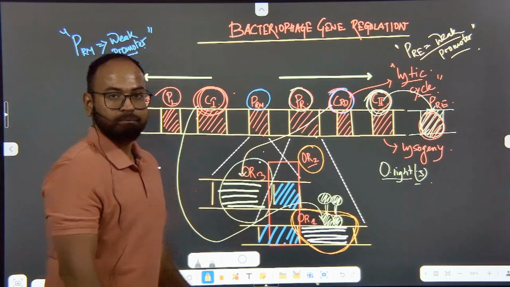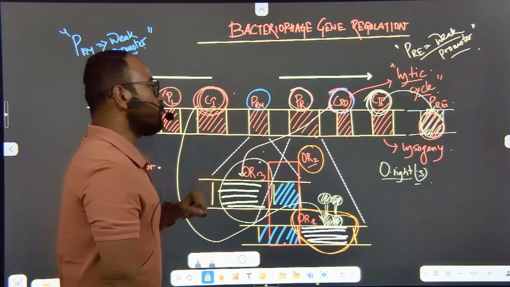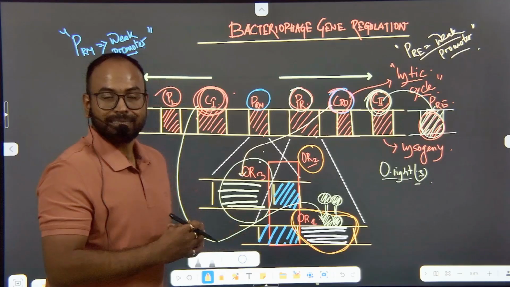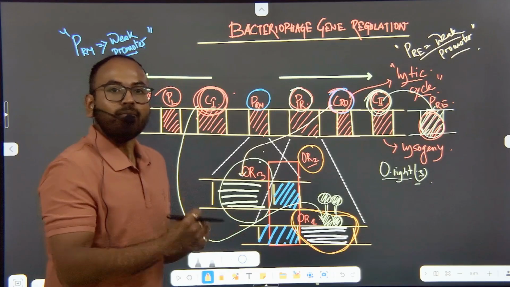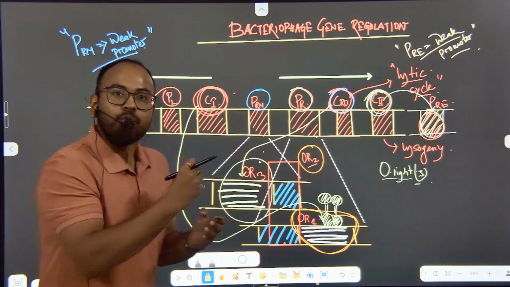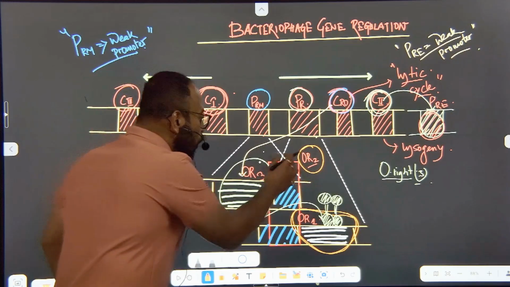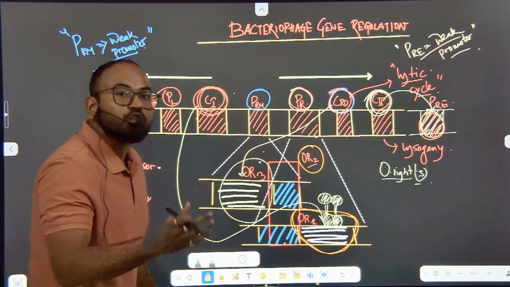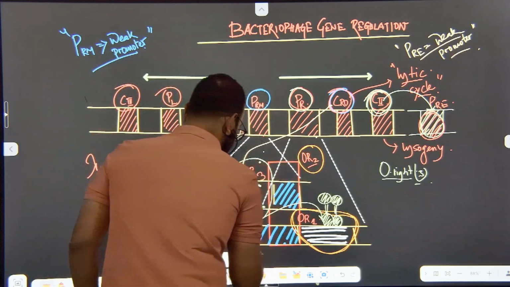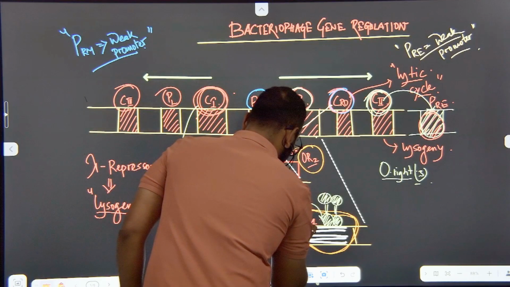After its binding with OR1, more and more C1 will be synthesized. And if more and more C1 is synthesized, it will also occupy the regions of OR2 as well.